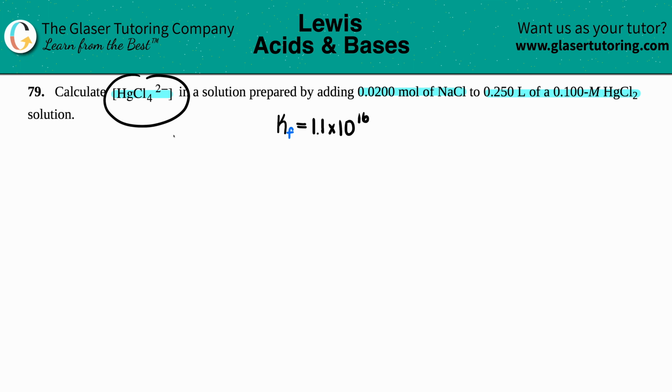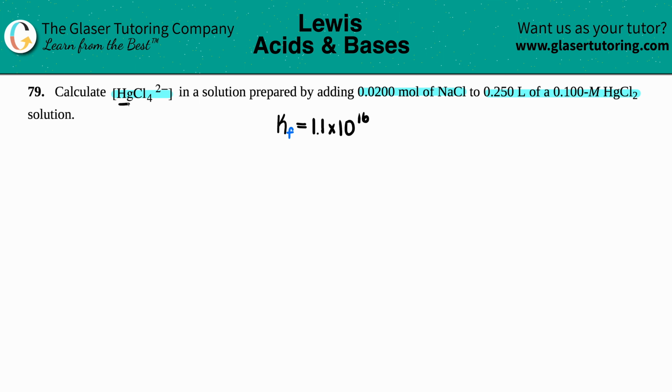Now, in this case, this is a complex ion because it's combining your metal with the nonmetal, and overall they share an overall charge, so it's an ion. So, first things first, let's write the balanced equation that is used for this Kf. Keep in mind that it's a Kf, so we have to form this. That means it has to be on the product side, and it comes from its ions.